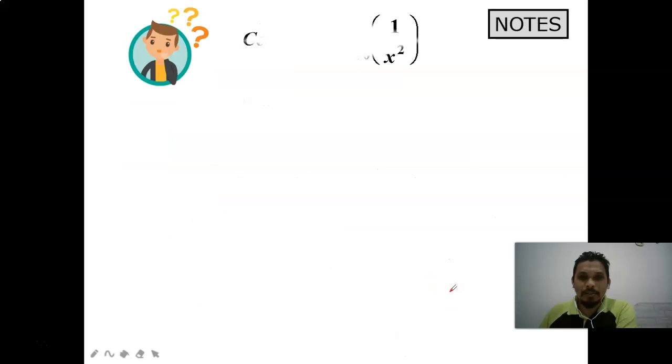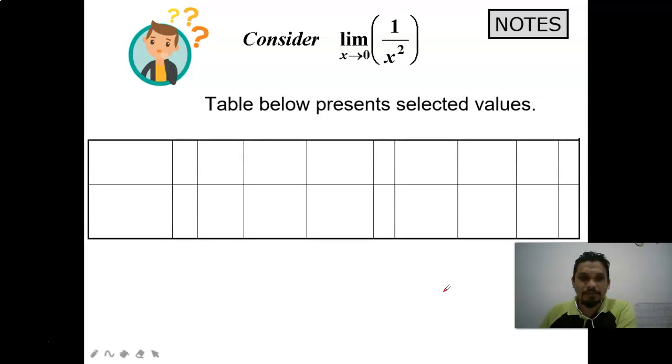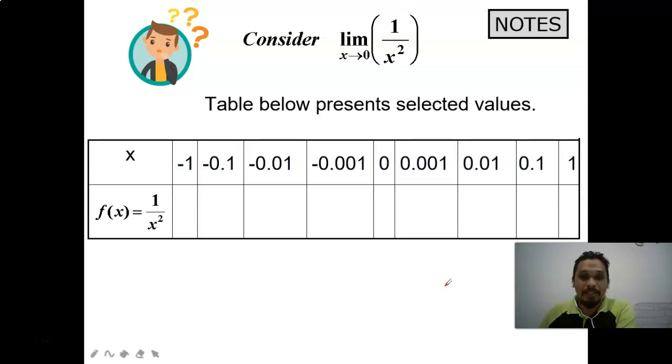So let's try. Consider the limit of the function as x approaches 0 of 1 over x squared. The table below presents selected values of the function f(x) equal to 1 over x squared. So these are all the values of x.